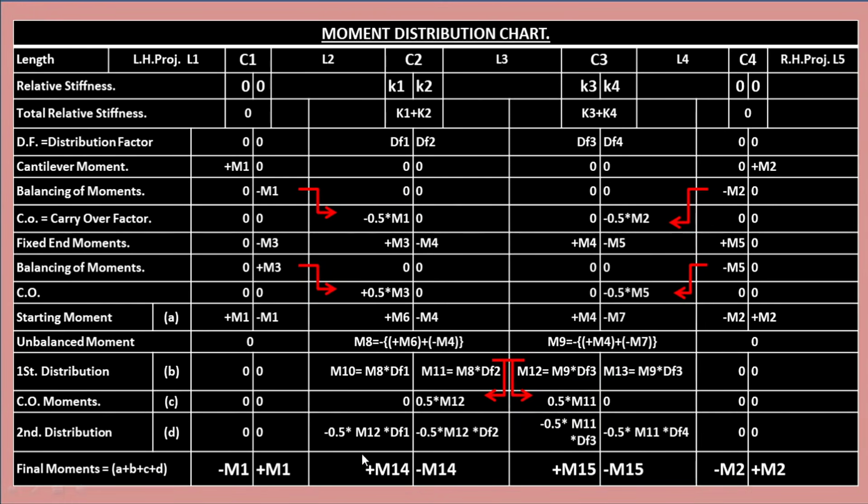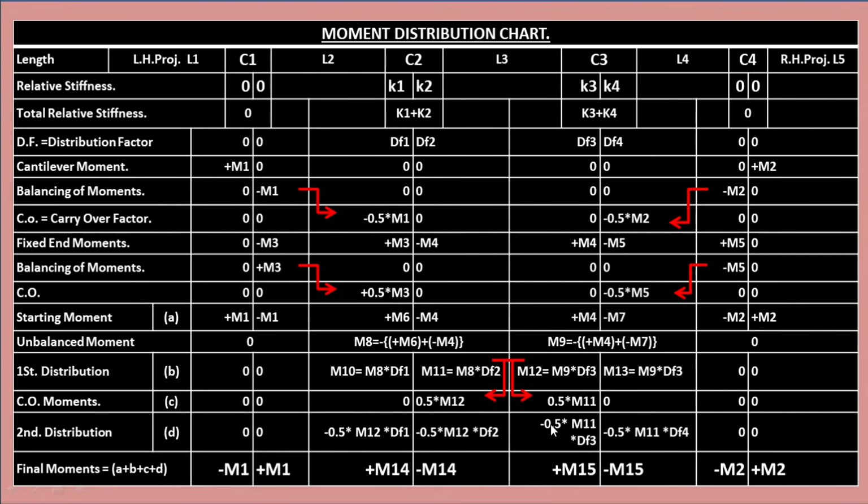Second distribution. This is unbalanced moment. This is unbalanced moment. So 0.5 minus 0.5 M12 into dF1, minus 0.5 M12 into dF2.